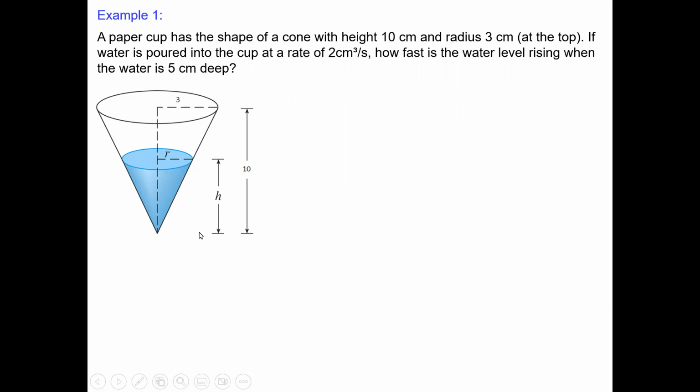is coming in. We always start this type of exercise with the given and required information, and the relation. Given information is the rate of change, and we may easily recognize cubic, its meaning, it's actually volume. dV/dt is 2 cubic centimeters per second. And of course, 10 and 3, the dimensions of the cup.